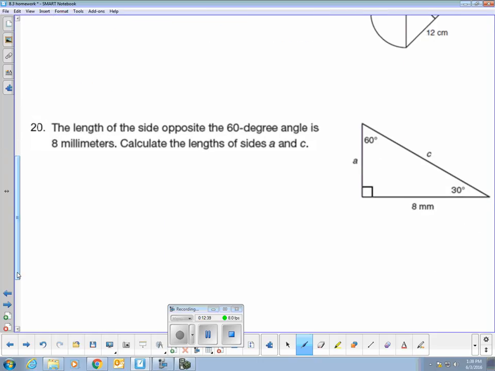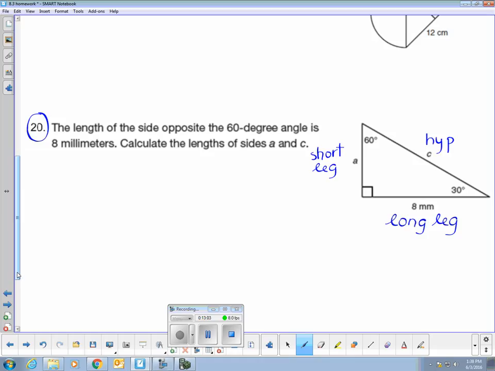And again, we're going back to review the relationship of the sides in a 30, 60, 90 right triangle. And in this particular triangle, we know the long leg. And here's the short leg. And here's the hypotenuse.